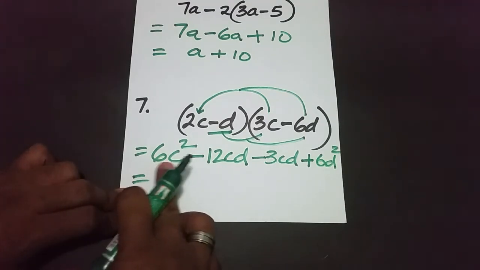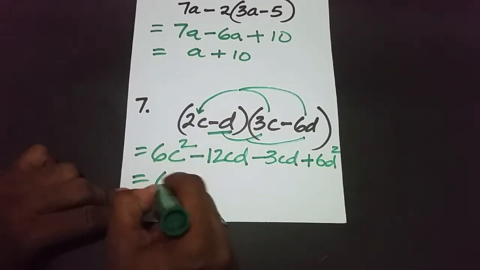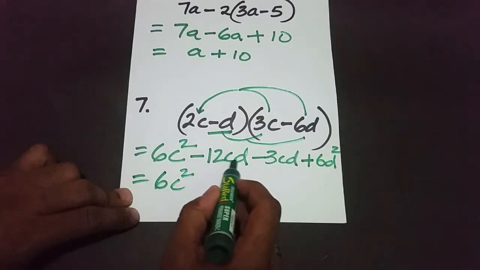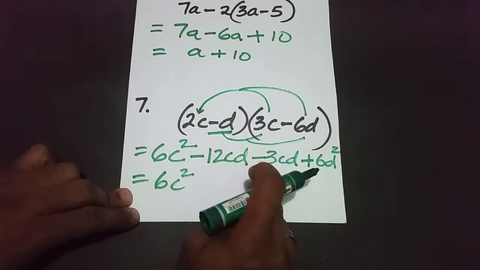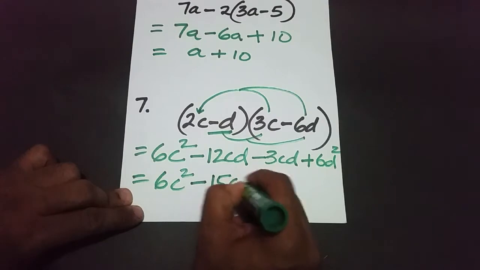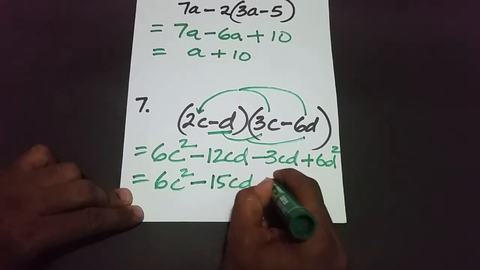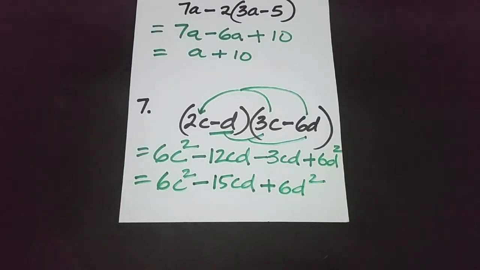Now there's no other term looking like 6c squared, so we're going to put this back. And here we have terms that are similar, cd. Like you owe 12 CDs and you owe another 3 CDs. That means in all you owe 15 CDs. And of course there's no other term looking like this, so we're just going to put that back right there. So that would be the answer for question 7.